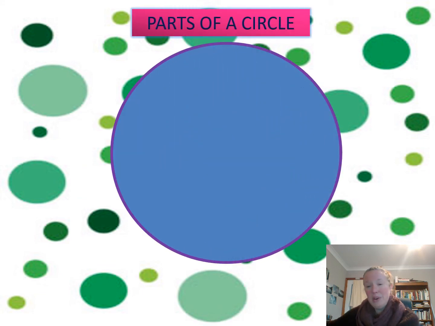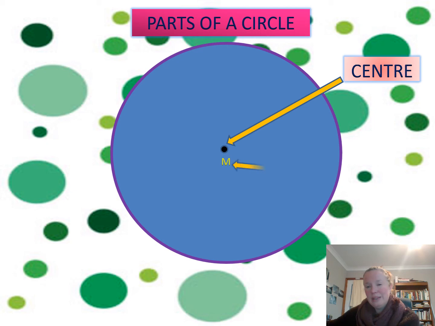Okay, so here we're going over just a general reminder. We've got the center, well done. We've got the label of that center, which is called circle M in this example.